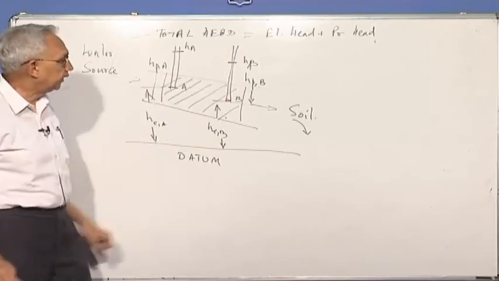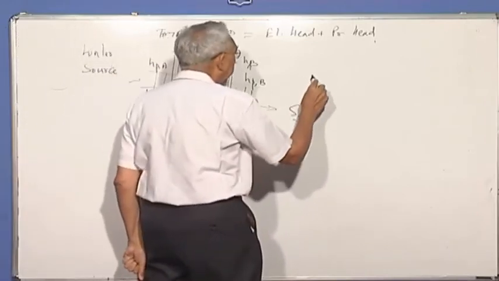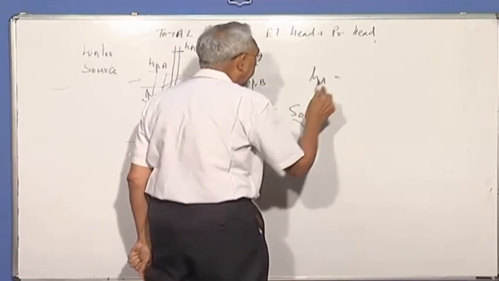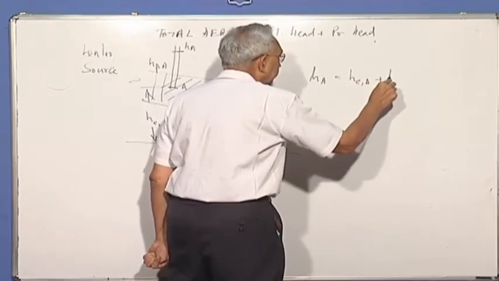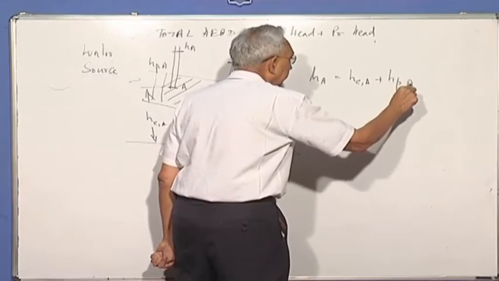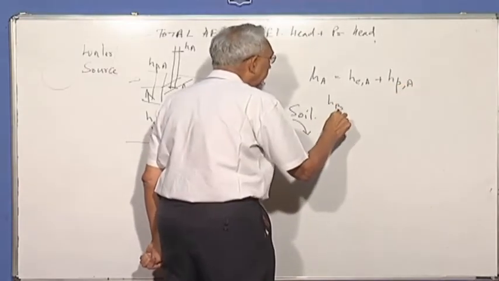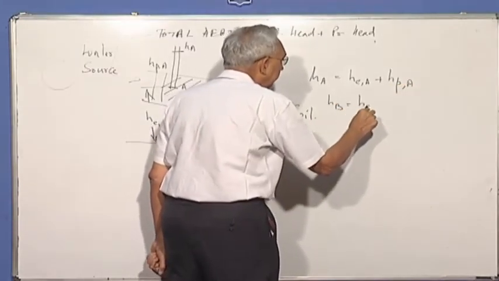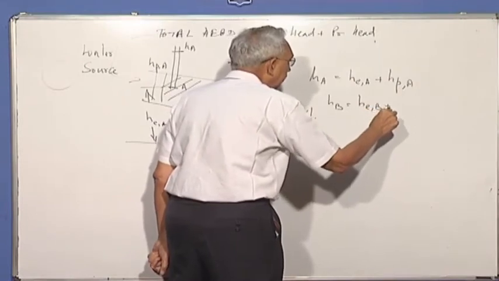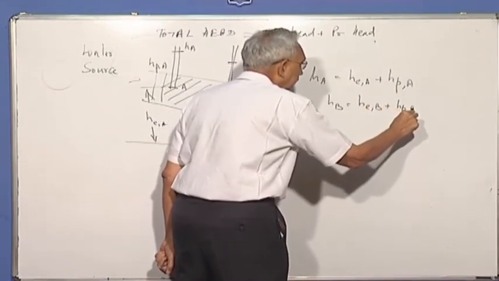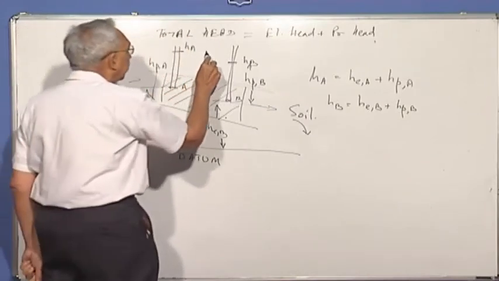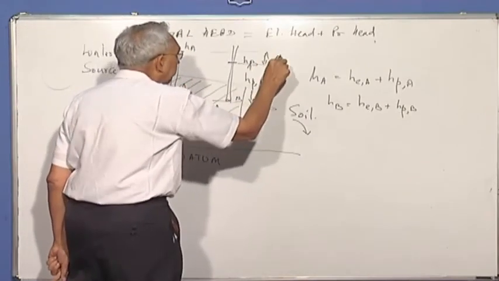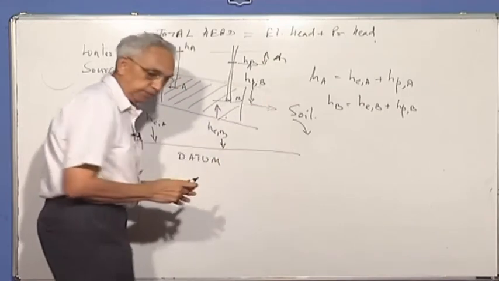The point I would like to say is that the total head H at A is equal to elevation head plus pressure head at point A. The total head H at B is equal to elevation head at point B plus the pressure head at that point. The flow will take place only when there is a difference between these two.